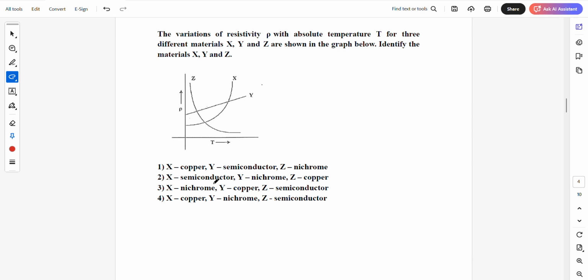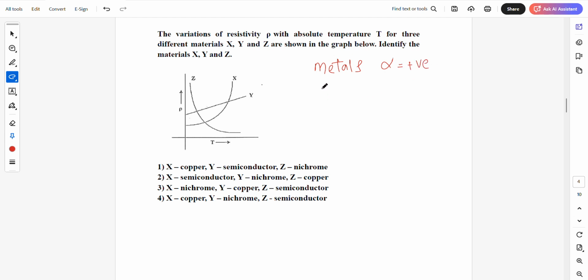Now the variations of resistivity. We know that in case of metals, alpha is positive.